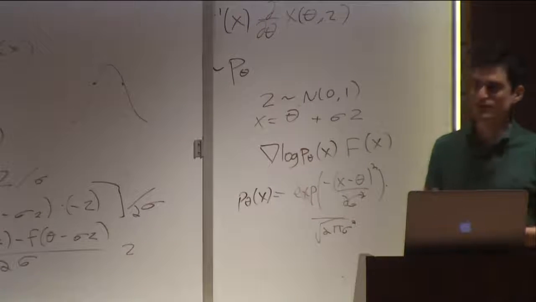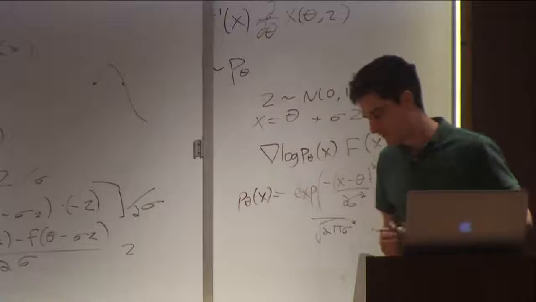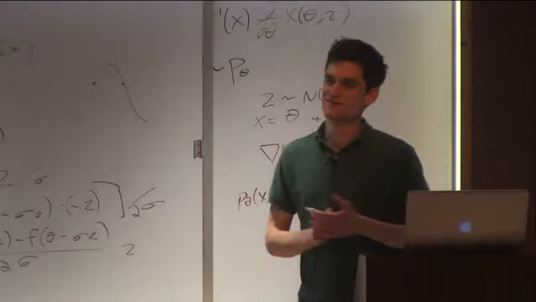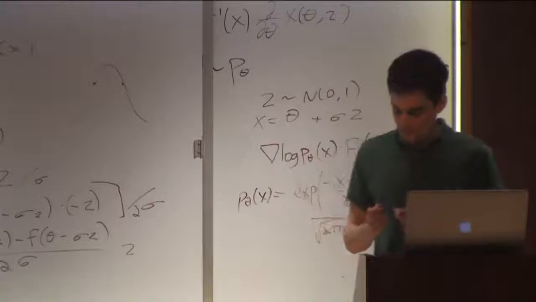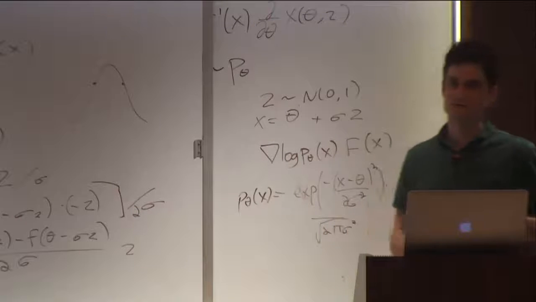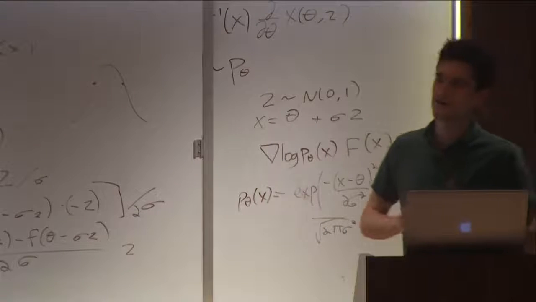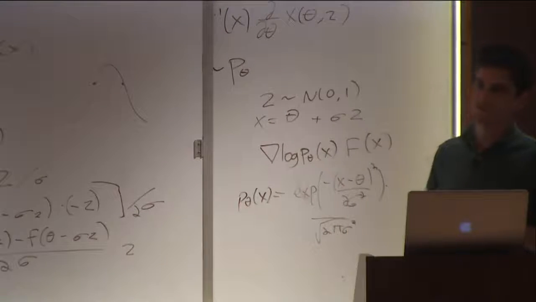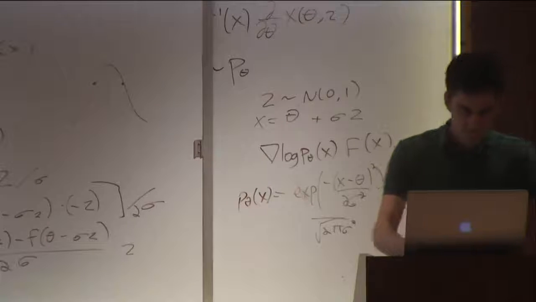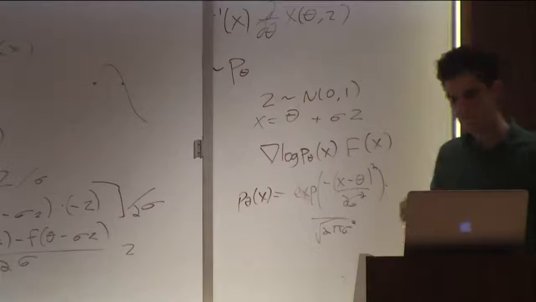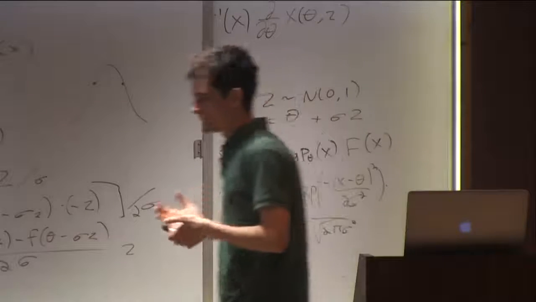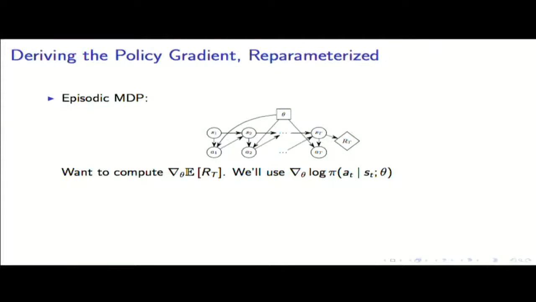So we've got the score function, we've got the pathwise derivative, and we've got finite differences. So now I'm going to talk about using the pathwise derivative type estimators in the reinforcement learning context. So here, let's just look at the process you use for sampling all the states and actions in an episodic MDP. So we have our policy parameter theta, and we have our states and actions.